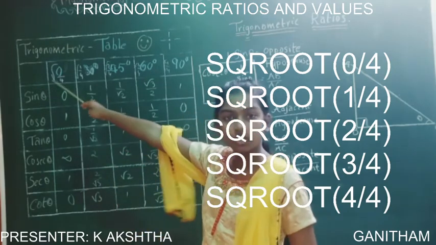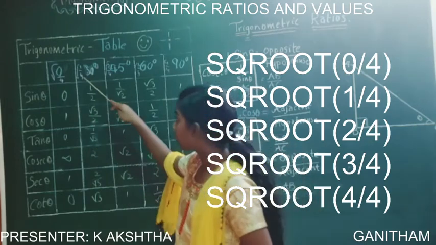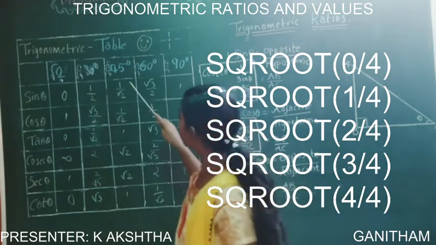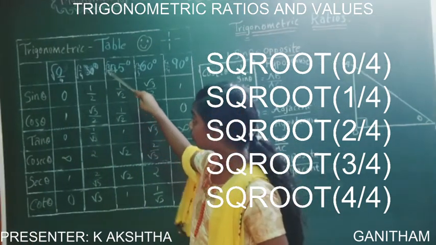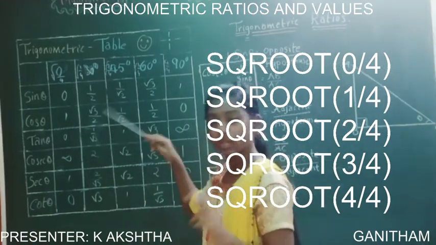So what is the value of this? This value is 0, so sin theta is 0. What is the value of this? 1 by 2, the sin theta value is 1 by 2. What is the value of this? Root of 2 by 4 means 1 by root 2. Root of 1 is 1 and root of 4 is 2.